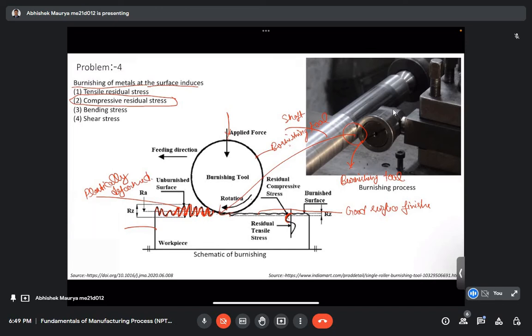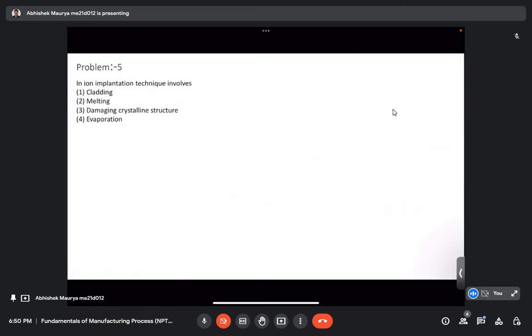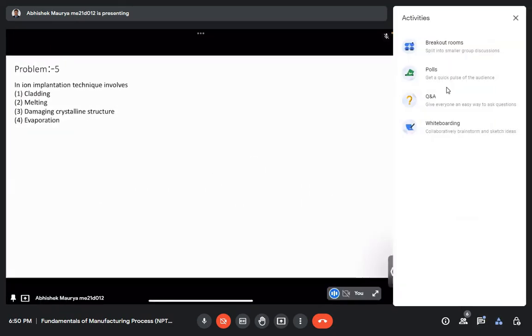So I have explained the solution of this problem. Still, if any of you have a doubt, please ask me. Anywhere, if there is any issue. No, sir. Okay, let's move to the next problem. Please read the problem and try to find the correct answer, and you can give your response in the polling section.